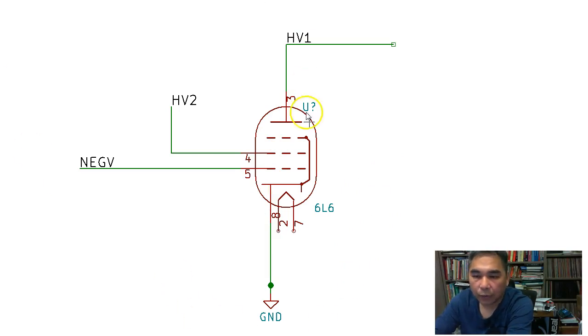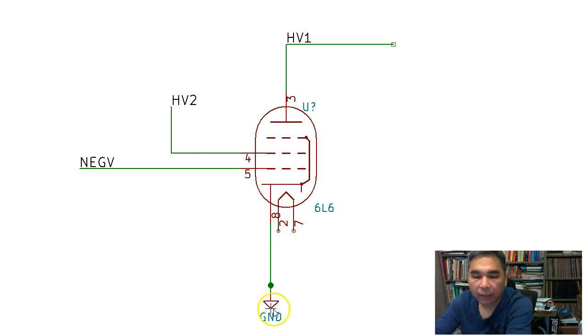Okay, so here I use a 6L6 pentode as an example. So this is the usual way to connect this vacuum tube to etracer. I omit the connection for the heaters; I think you guys know how to do that.